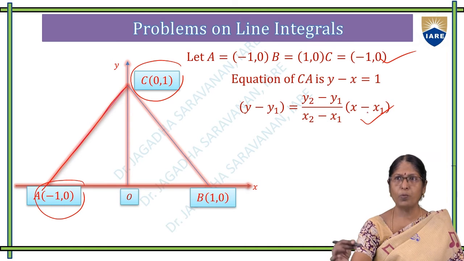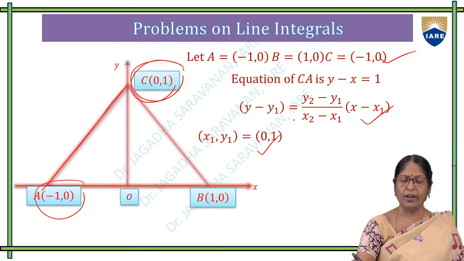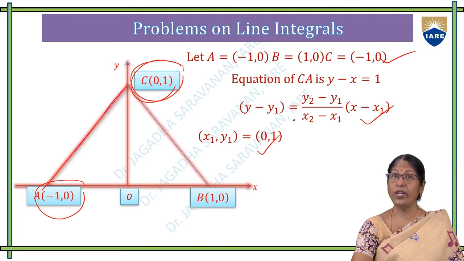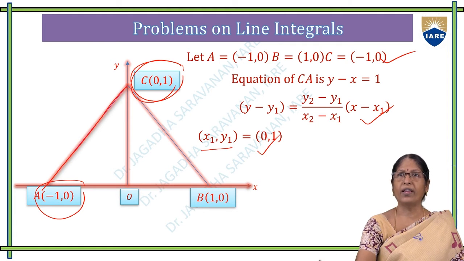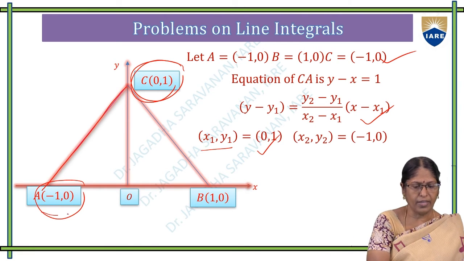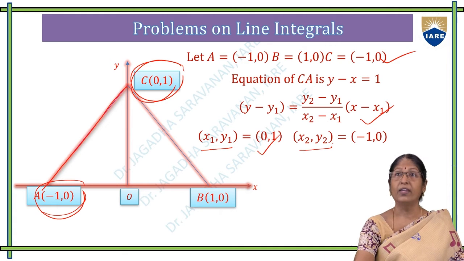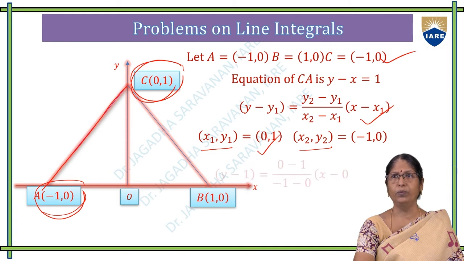The equation of the line passing through two points, that is C and A, the formula is ready. The point C (0, 1) we have taken as x1, y1, and A (-1, 0) we have taken as x2, y2.